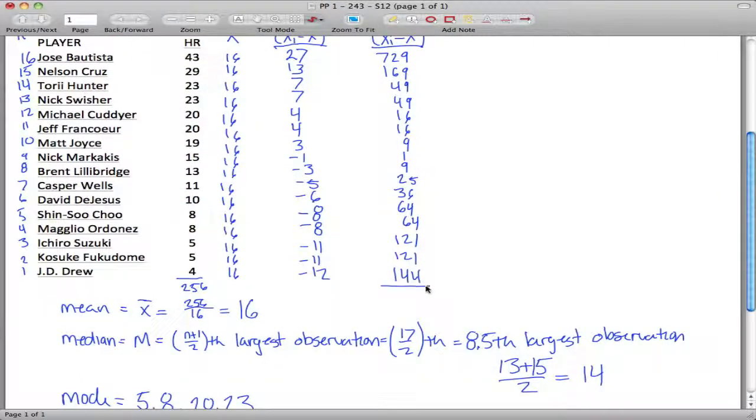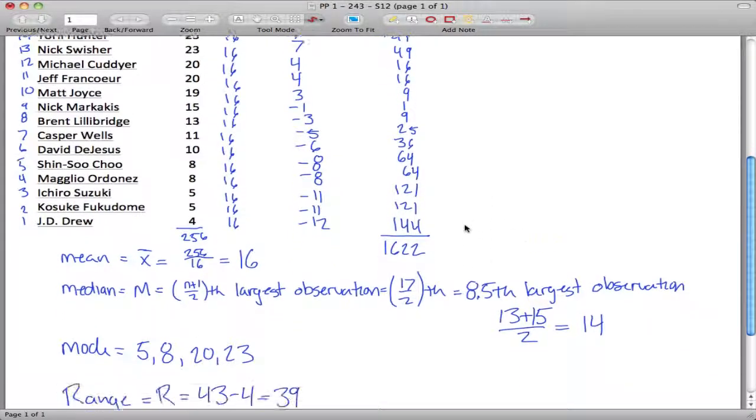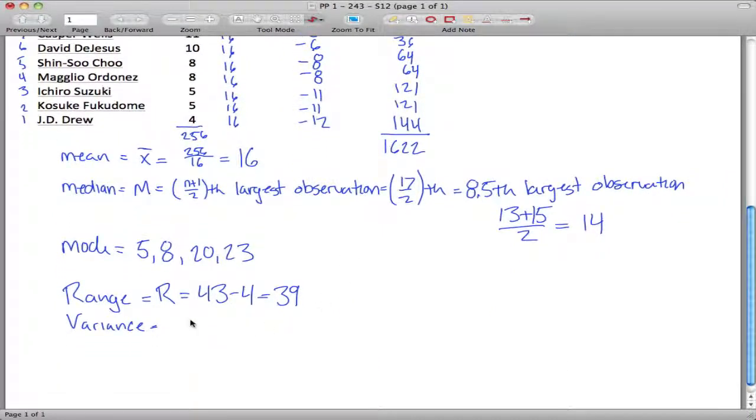So what we want to do is sum up this entire column right here. You will get 1,622. And so using this, our variance is equal to the sum of this (x sub i minus x bar) squared column divided by n minus 1.